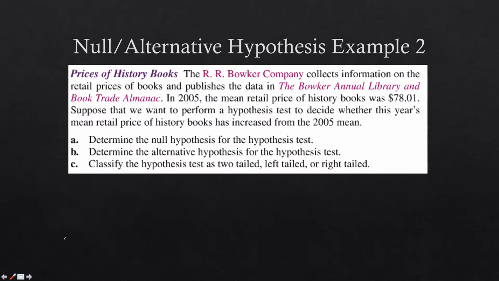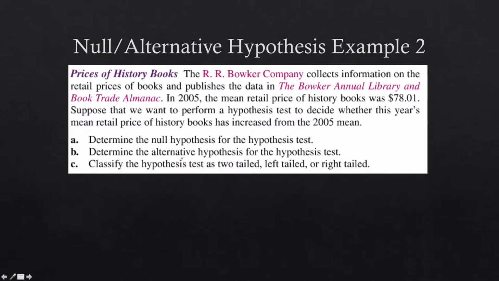We have a company that collects information on retail prices of books. In 2005, the mean retail price of history books was $78 and a penny. Suppose that we want to perform a hypothesis test to decide whether this year's mean has increased.